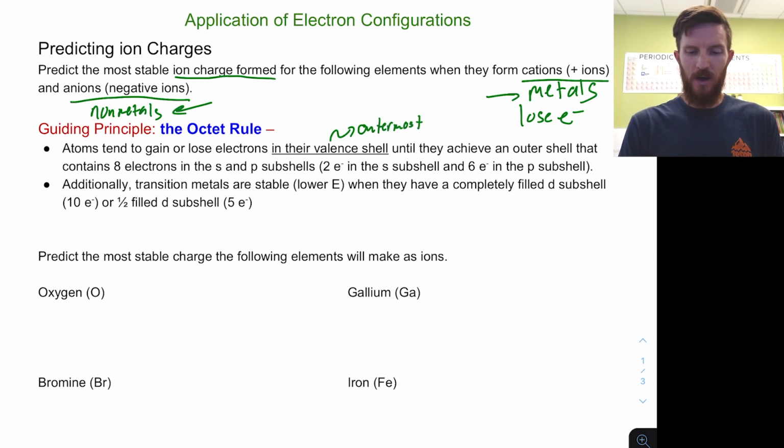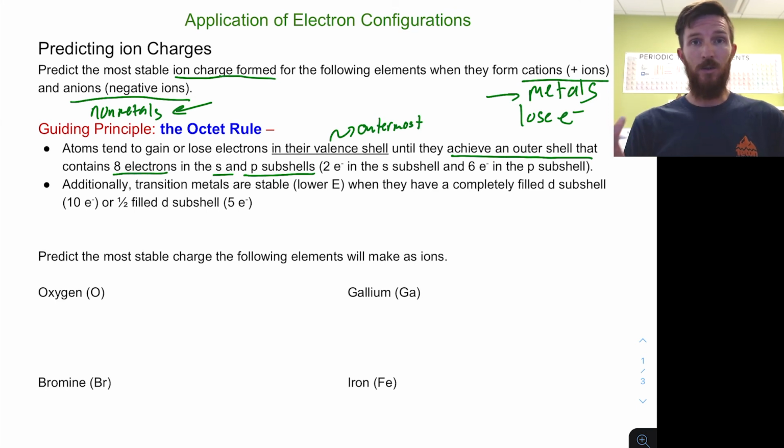This is our outermost shell, the electrons furthest on average from the nucleus. They're going to gain or lose electrons until they achieve an outer shell that contains 8 electrons in the s and p subshells. That's how many our s and p subshells can hold: 8 electrons total, 2 in the s and 6 in the p subshell.